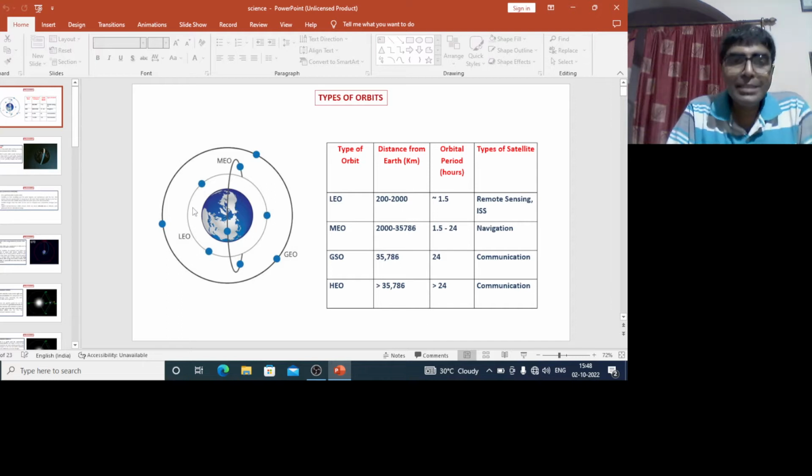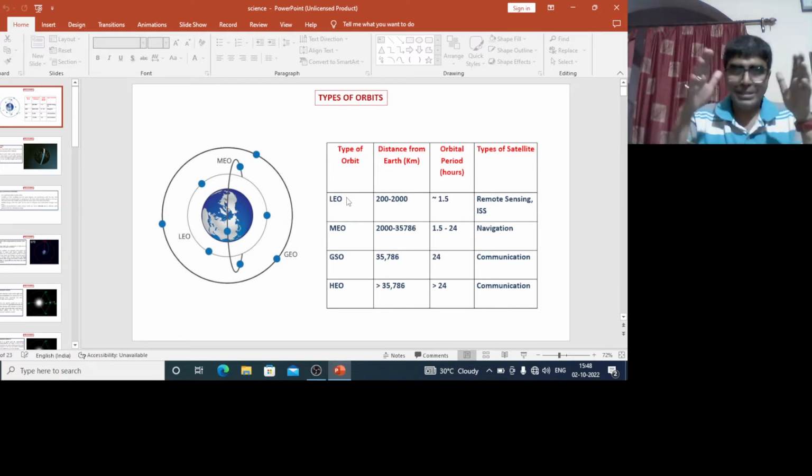Now this is the figure of the earth. The first orbit given is LEO. What is the full form of LEO? This is known as low earth orbit.